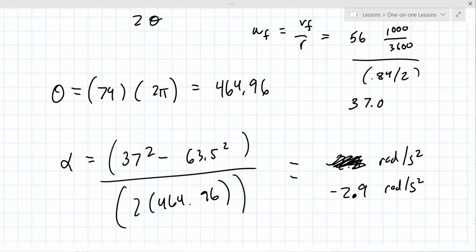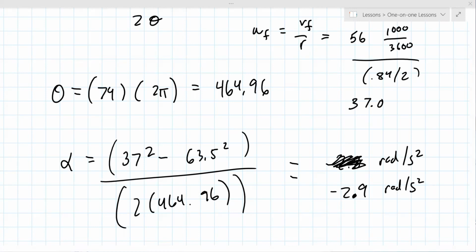Still marks as incorrect for some reason. Well, okay. I wasn't checking these numbers, but they were close enough. So, 74 times 2 times pi, 464.96.